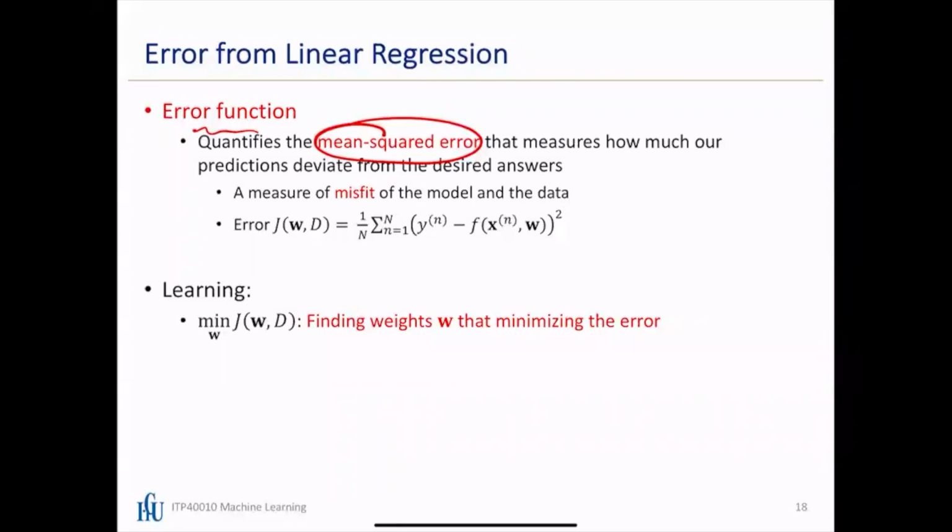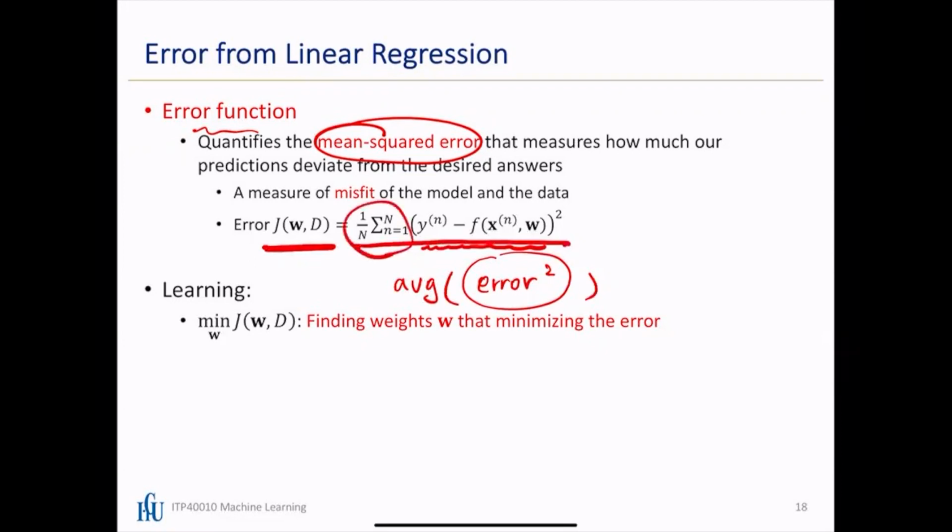Mean squared error means you first measure the error and take the square, and then you take the average of it. That's what this J function is representing. You average over n different instances, compare the true y value and your predicted y value, and take the square.